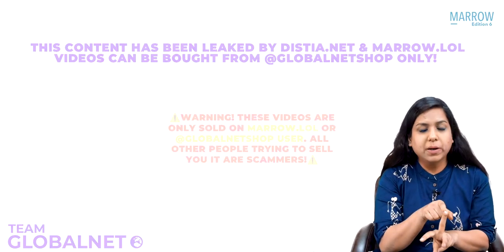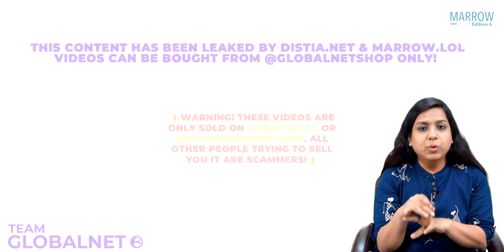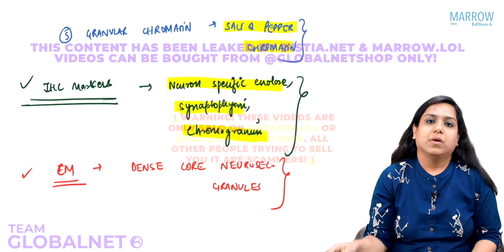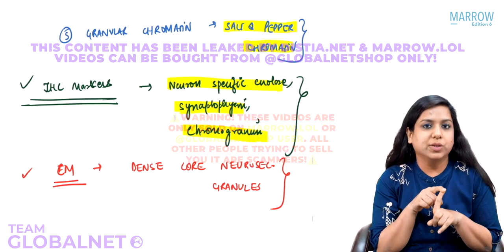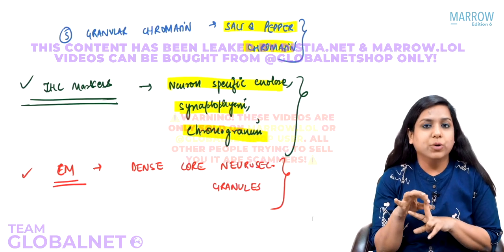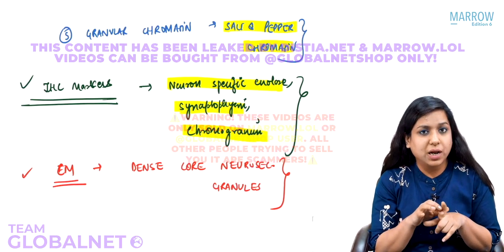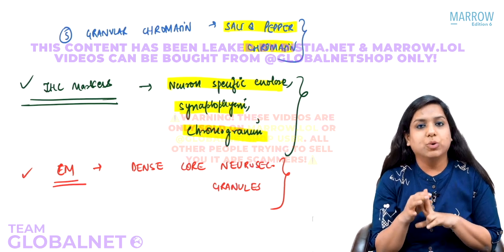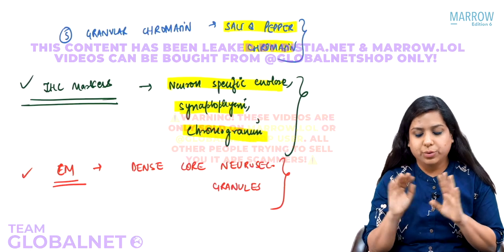The electron microscopy will show dense core neurosecretory granules, and the immunohistochemical markers are neuron specific enolase, synaptophysin and chromogranin. These 3 things are present in neuroendocrine tumors.